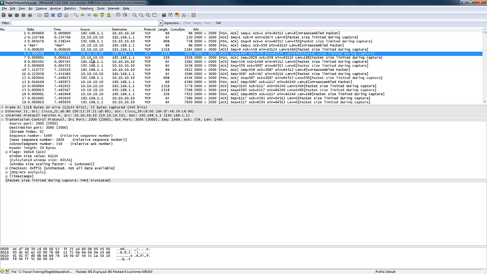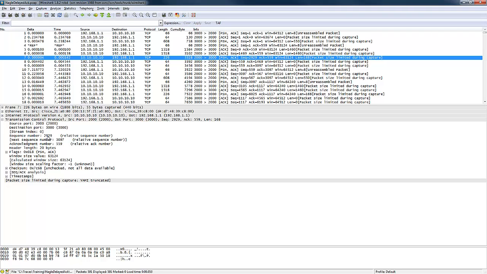So this packet number 7 here, which is the 4th packet in the packet train, should start with sequence number 2929. And in fact, that's exactly the case. 2929 going to 3097. So this is essentially the sequence number analysis that we just performed, and we know that no packets went missing so far.